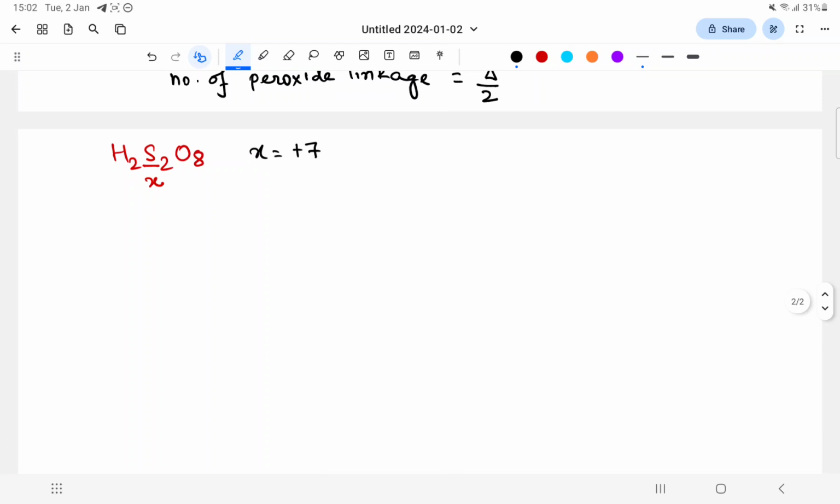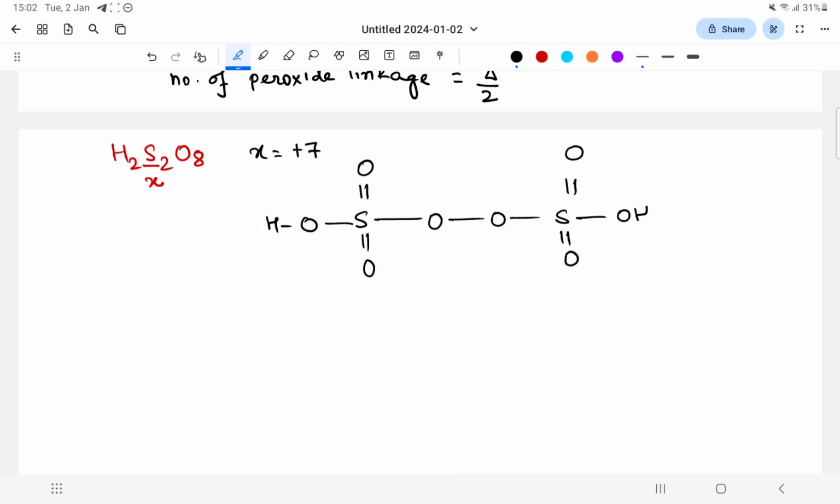Even if I don't draw and show it to you, you should be very confident that the answer will be +6. But let me draw and show it to you here. If you draw the structure of Marshall's acid, so guys, this is the structure of Marshall's acid.